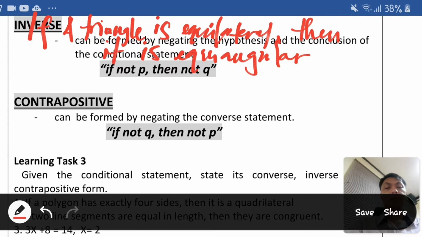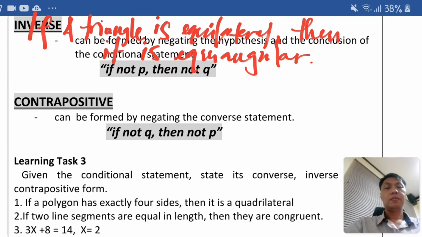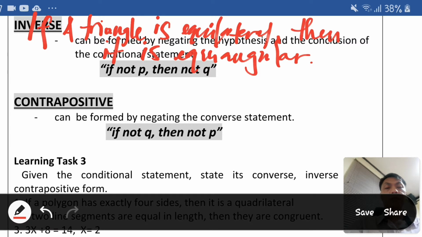Let's form the inverse of this statement. We said that the inverse of a conditional statement is the negation of the hypothesis and the conclusion.